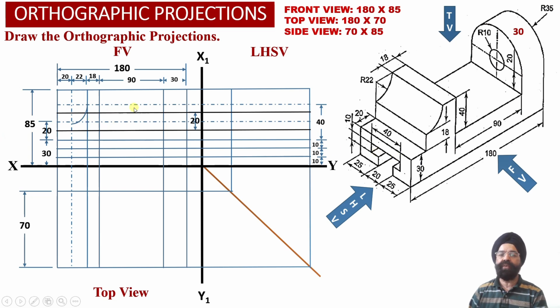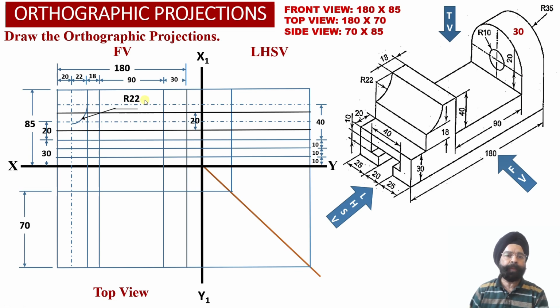We have extended this center projection line into the left hand side view projections as well. And since we have located the center point corresponding to this arc at this position, we can see we have marked this radius of the arc equal to 22 millimeter.